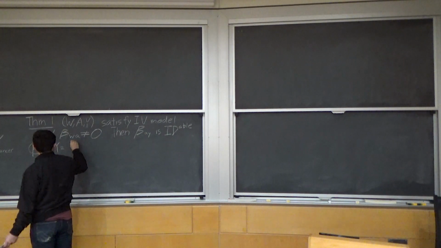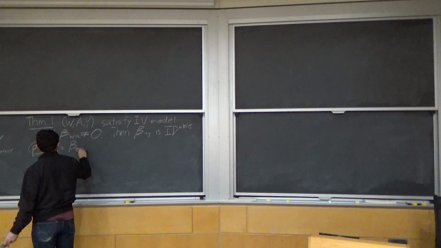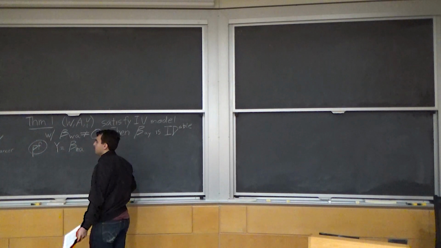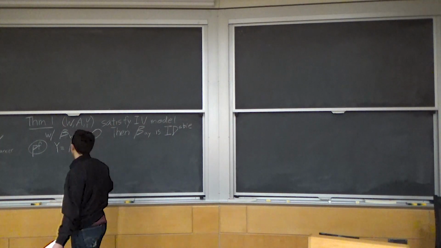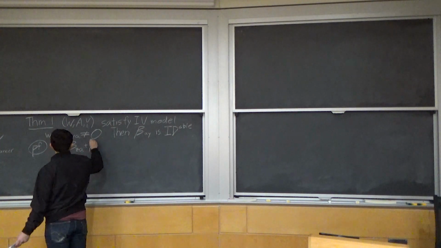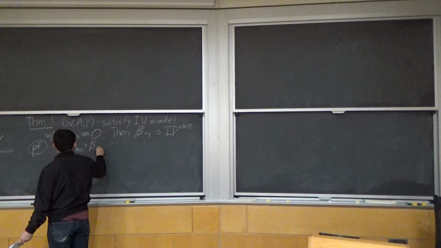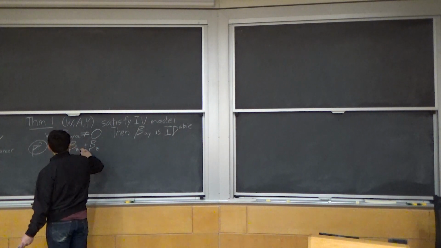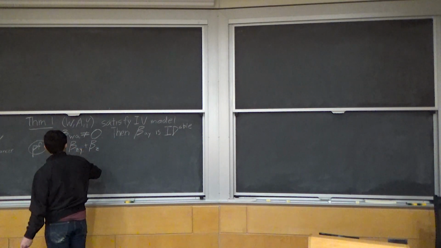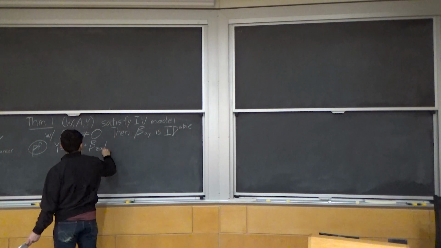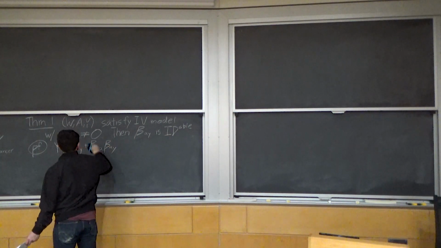Well, first, we're still going to have Y is beta ZY times Z, but then we're also going to get a coefficient, sorry, this is beta ZA, and this is beta AY.